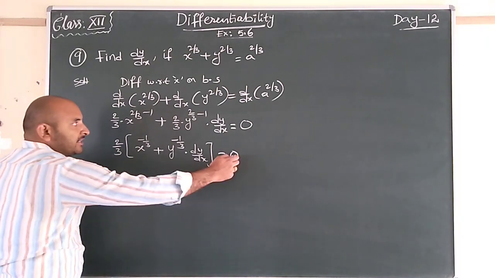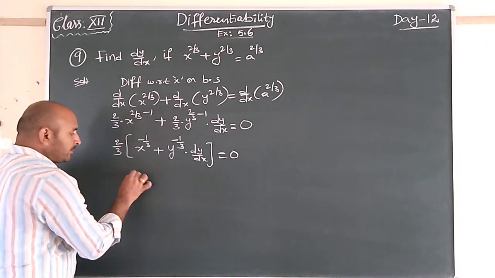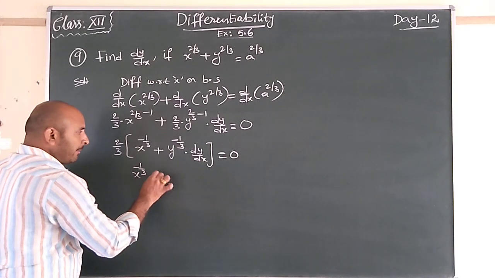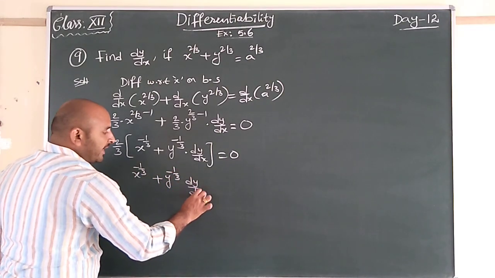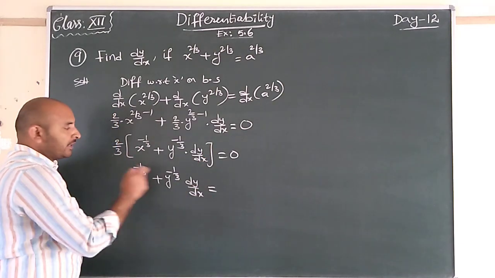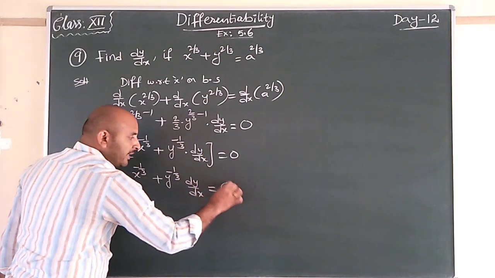Taking 2 by 3 to this side, 0 divided by 2 by 3 is 0. So x power minus 1 by 3 plus y power minus 1 by 3 into dy by dx is equal to 0.